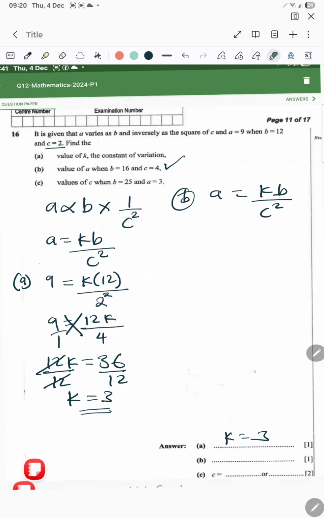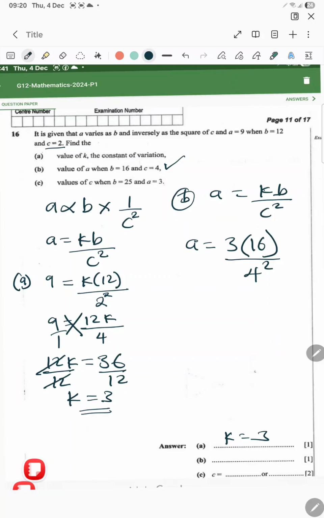So we have a is equal to 3 times 16 over 4 squared, because where there is c we are putting the 4 which is given.